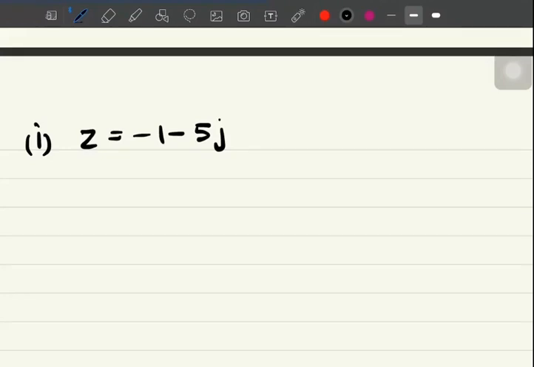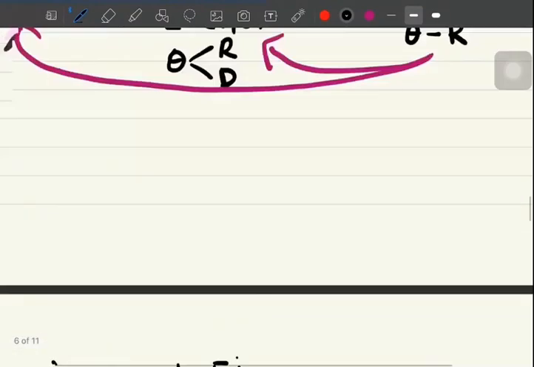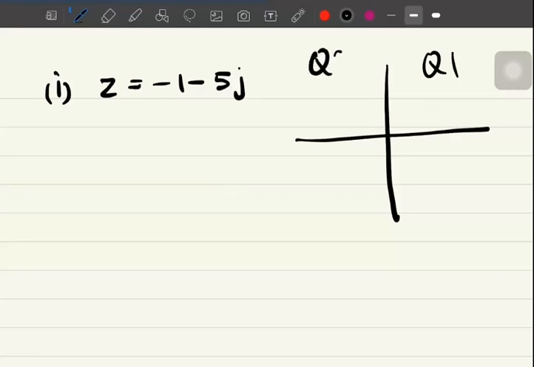Okay, walaupun kalau you tengok dekat exponential form ni, kita nak theta kita dalam radian. Okay, tapi saya tak nak ajar awak banyak kali and awak kena faham banyak benda. Saya dah ada bagi video dekat awak yang kita belajar quadrant ni ada 4. Quadrant 1, quadrant 2, quadrant 3 and quadrant 4.